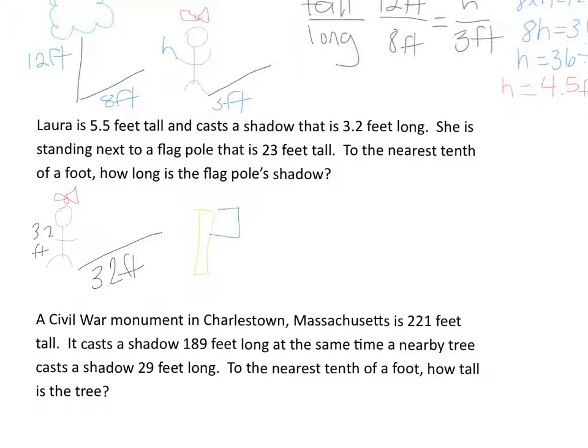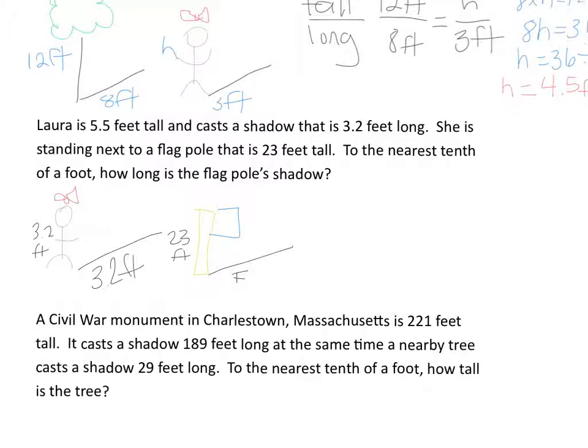Is that my flag? And she's standing next to a flagpole that is 23 feet tall. To the nearest tenth of a foot, how long is the shadow? How long is the flagpole's shadow? So I'll use F.